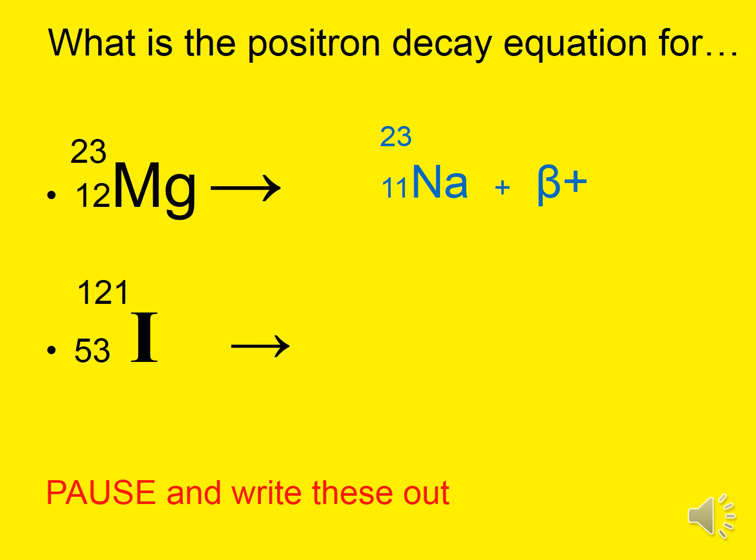Okay, and we should see that magnesium has reduced its atomic number to 11, which is sodium, mass stays the same, and iodine has reduced its atomic number to 52, which is tellurium, and that remains the same at 121 mass number with beta plus.